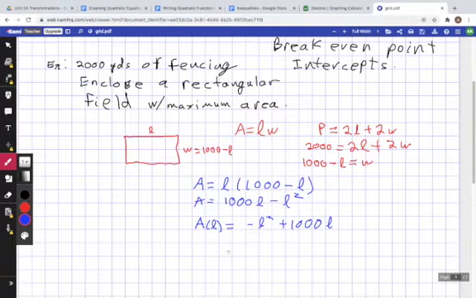So how we find our H. We can either complete the square, or we can just find our H using the fact that we know H is going to equal opposite B over 2 times A, which in our case is negative 1,000 over 2 times negative 1, which is a positive 500.